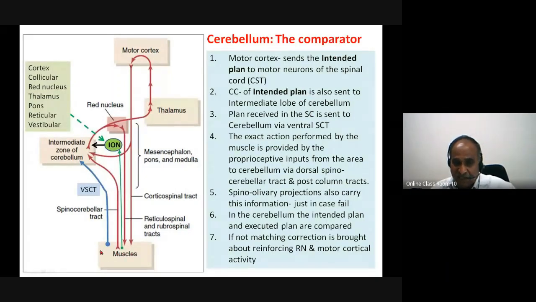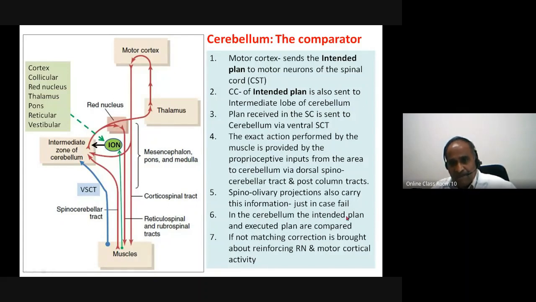This is execution. The exact action performed by the muscle is provided by the proprioceptive inputs to the cerebellum via the dorsal spinocerebellar tract and posterior column tracts. This will reach here.